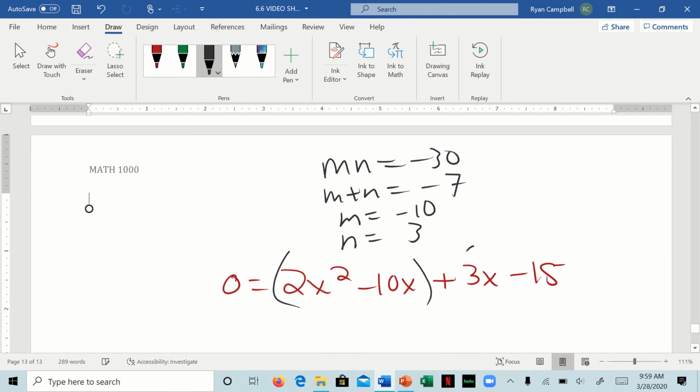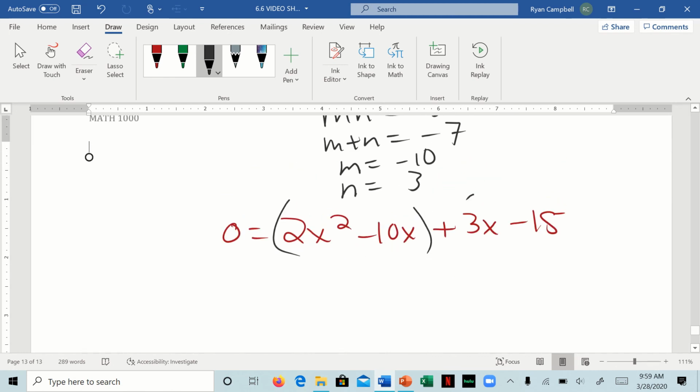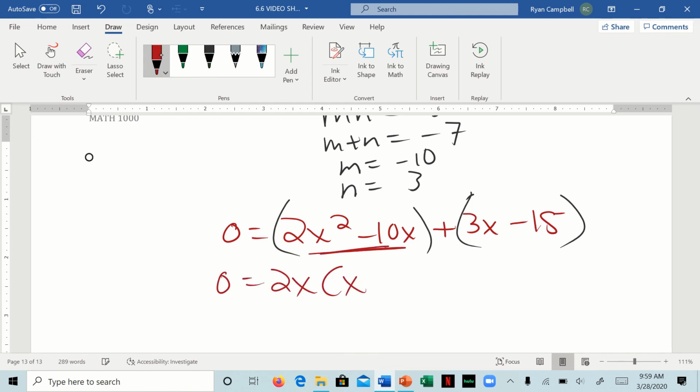Group it up. We can take out a 2x from the first group, left with x minus 5. We can take out a 3 from the second group, and end up with x minus 5.